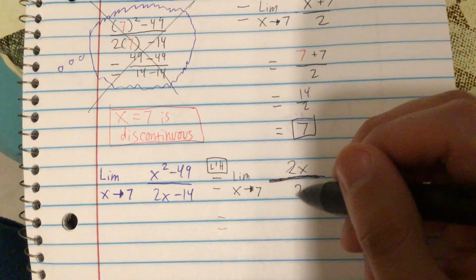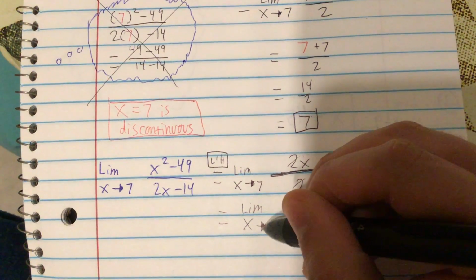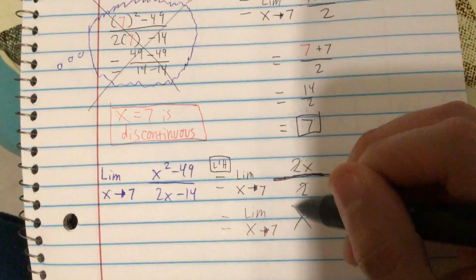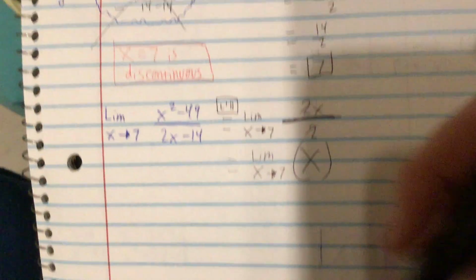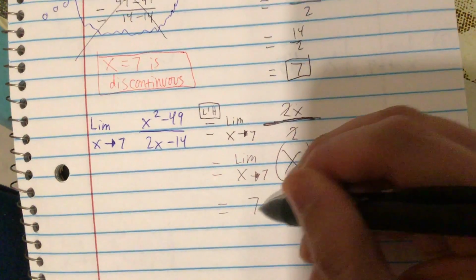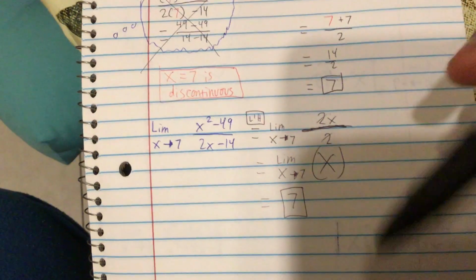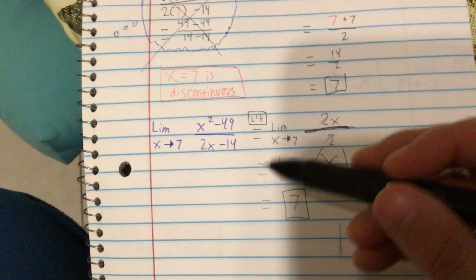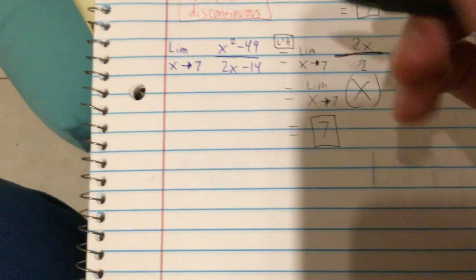So I'm just going to cancel that part right there. So I've got the limit as x approaches 7 of x. Y equals x, basically. And so now I'm just going to plug in x equals 7, which results in y equals 7. But because I had to use L'Hopital's rule for 0 over 0, x equals 7 is discontinuous.